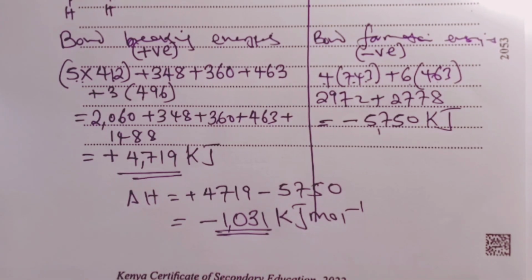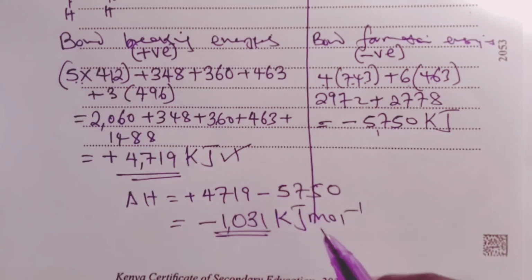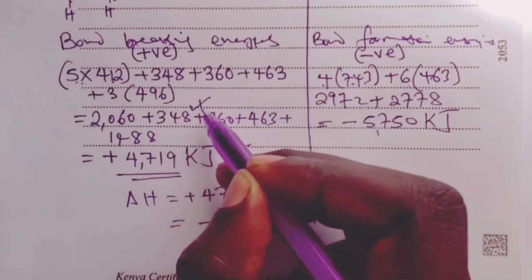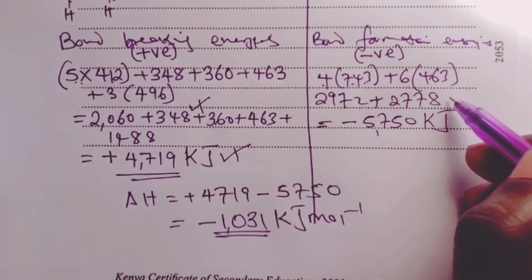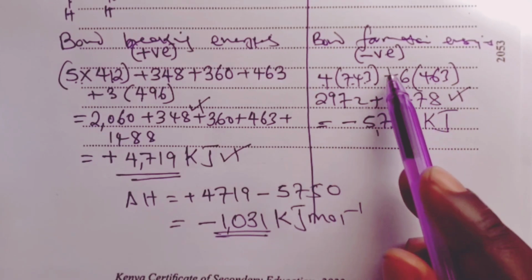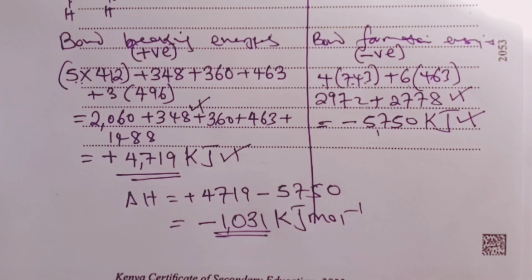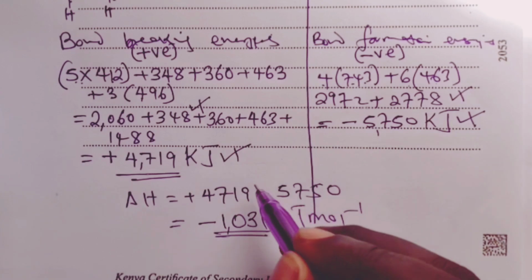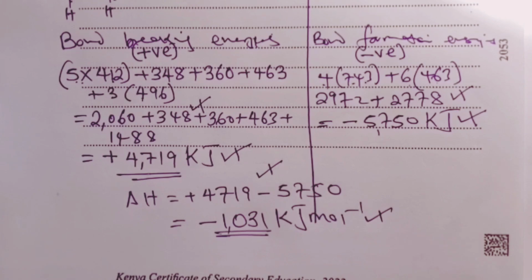So this working is 3 marks. I'll be awarded half a mark for getting the total bond breaking energies, another half for doing the correct addition. I'll get half a mark for the correct additions for bond formation energies, a half for the total bond formation energies, a half for the addition, and a half for the final answer.